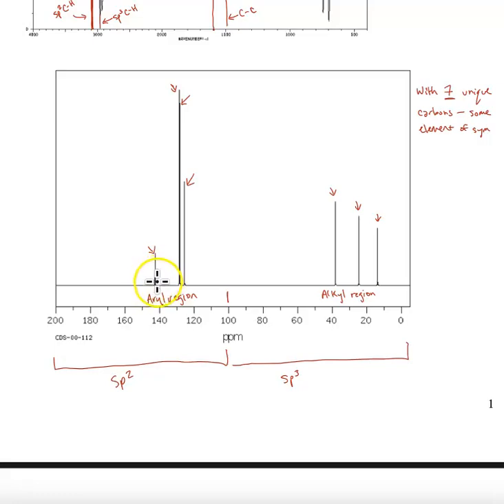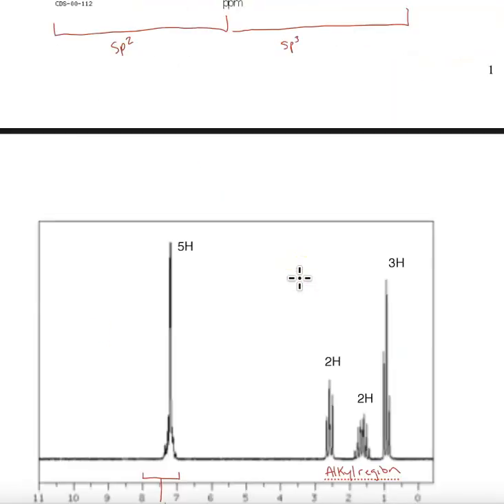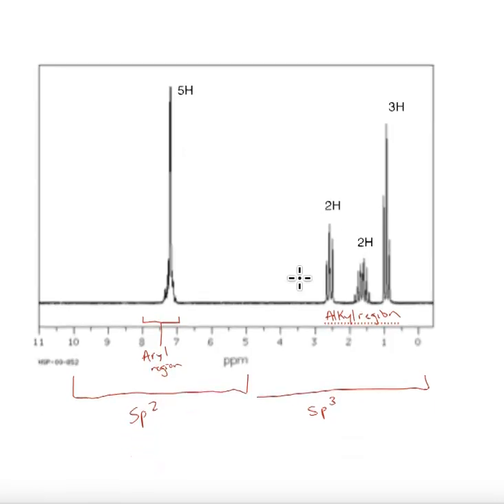Moving down, in our alkyl region, which is usually below 50, but our sp3 region is below 100, we have 3 unique carbons present here. That is something to take note of, and we will dive a little deeper when we start looking at my chart that I have filled out.